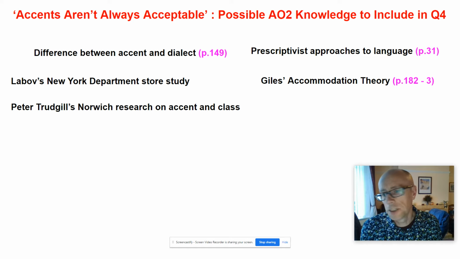I think maybe Giles's accommodation theory is a good one to refer to in the article as well, not least because in Hanson's article, he talks about the need for social intelligence, by which he means convergence, that, you know, you should tune in to your listener, listen to their accent, and then modify your language features accordingly, which is basically all about Giles's idea of either upward or downward convergence.